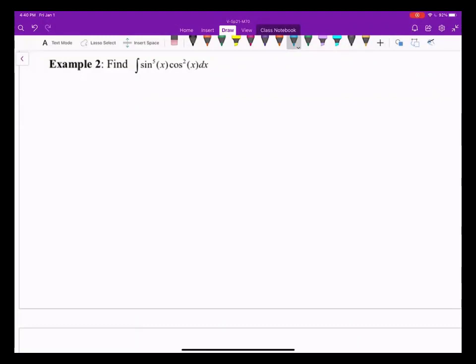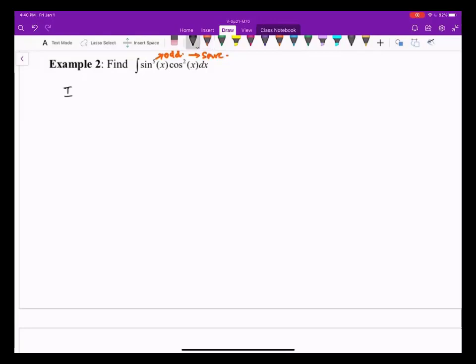Next, let's try example 2. Find the integral of sine to the power 5 x cosine square x dx. Anytime you have a sine cosine combination, you have to see which one has an odd exponent, and anything with the odd exponent must be saved. That means one of the sines should be saved.